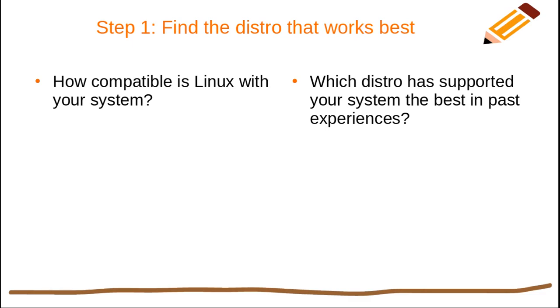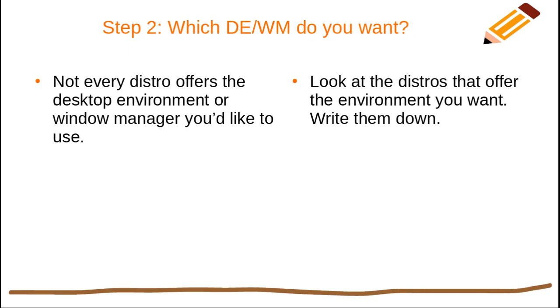And if your system just has trouble with Linux in general, then perhaps the best thing to do at that point is change the hardware and do some research. And before buying a system like a laptop, for example, do your research and see if it fully, or mostly at least, supports Linux.